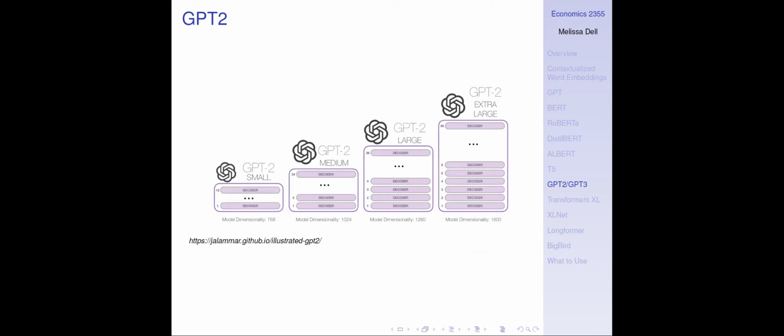GPT-2 is very large. Maybe it doesn't seem so large since I just showed you T5, but still at the time, it had 1.8 billion parameters for GPT-2 extra large, and it does that by stacking 48 decoder transformer blocks.